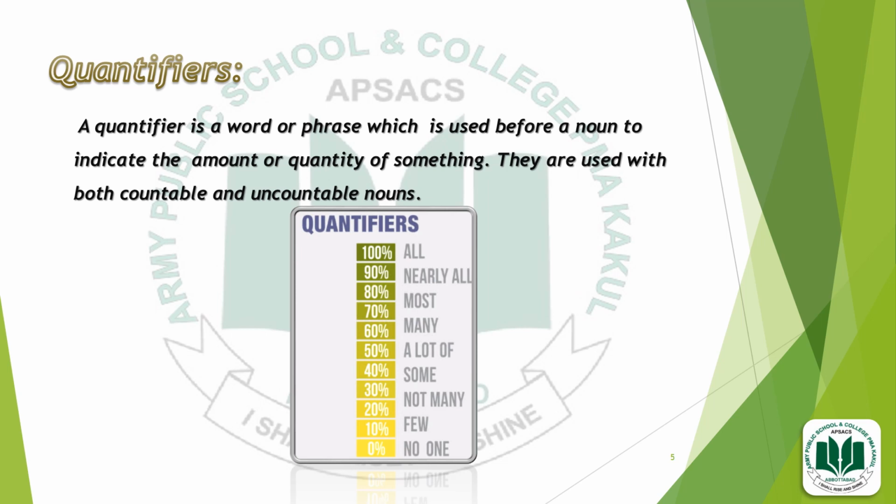Many indicates 70%. A lot of means 50%. Some means 40, not many 30 or 20%, few indicates 10%, and no one indicates the 0% amount of something. So these are the quantifiers showing different amounts in the form of percentage.